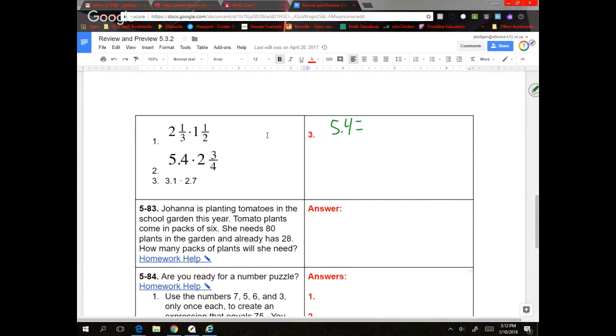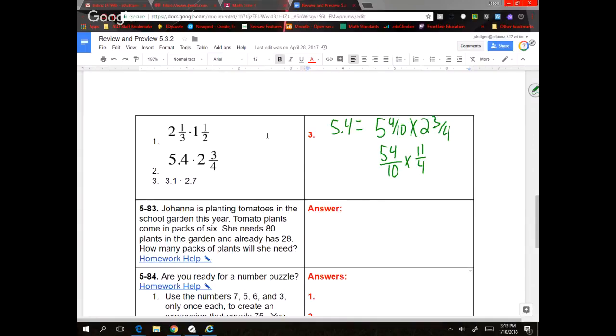I need to write that as a fraction. I should know 5.4 is the same as 5 4/10, and that's going to be times 2 3/4. Make them both improper. 5 times 10 is 50 plus 4 is 54/10 times 2 times 4 is 8, 9, 10, 11. 11/4.